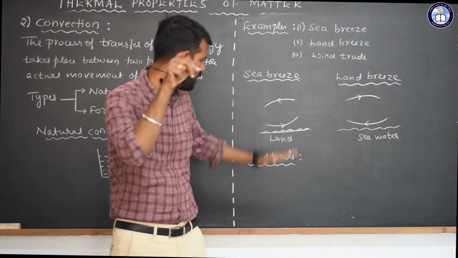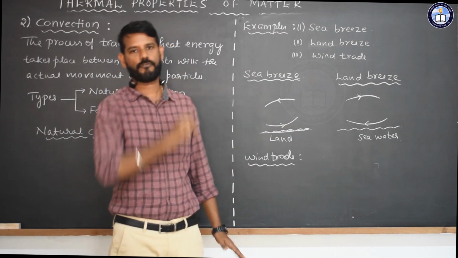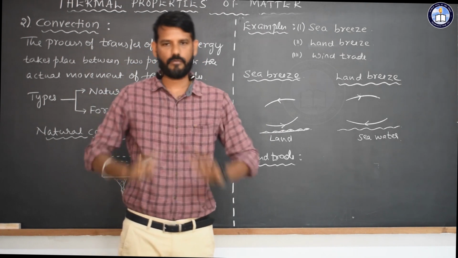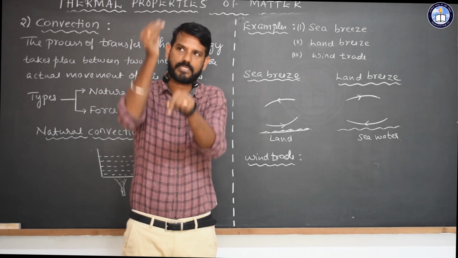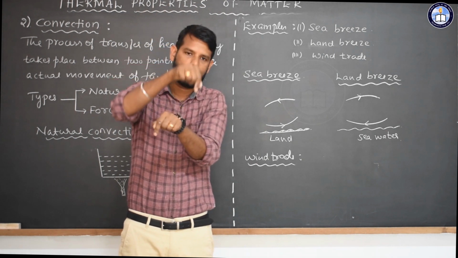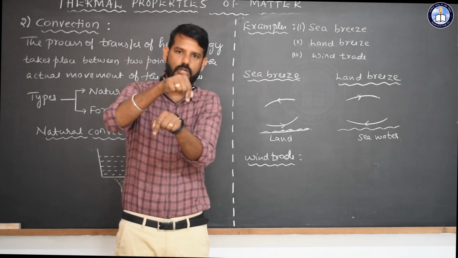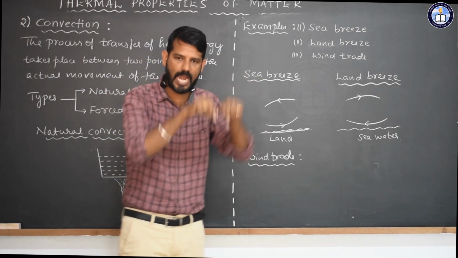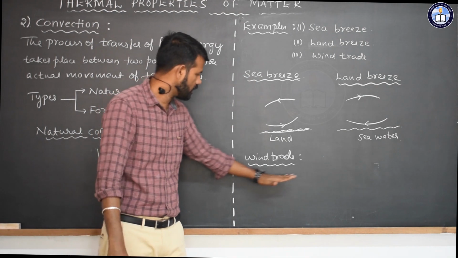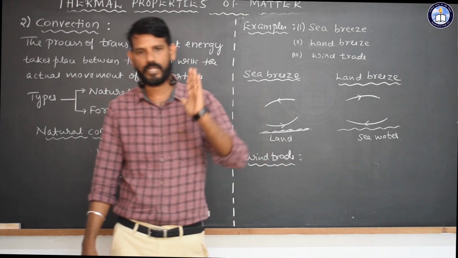Due to this speed, whatever wind rises up will descend back at an angle of nearly 30-degree latitude. So it comes back to the latitude place only, and that phenomenon is called trade wind.